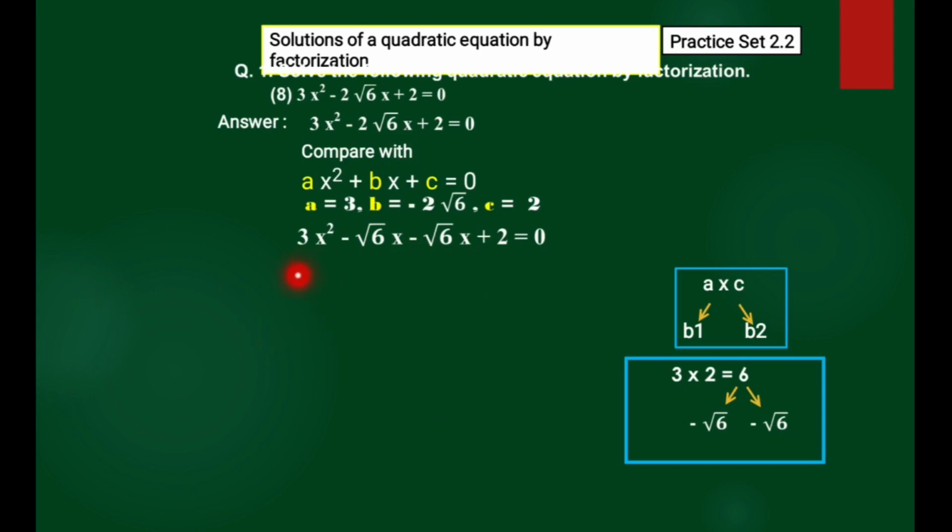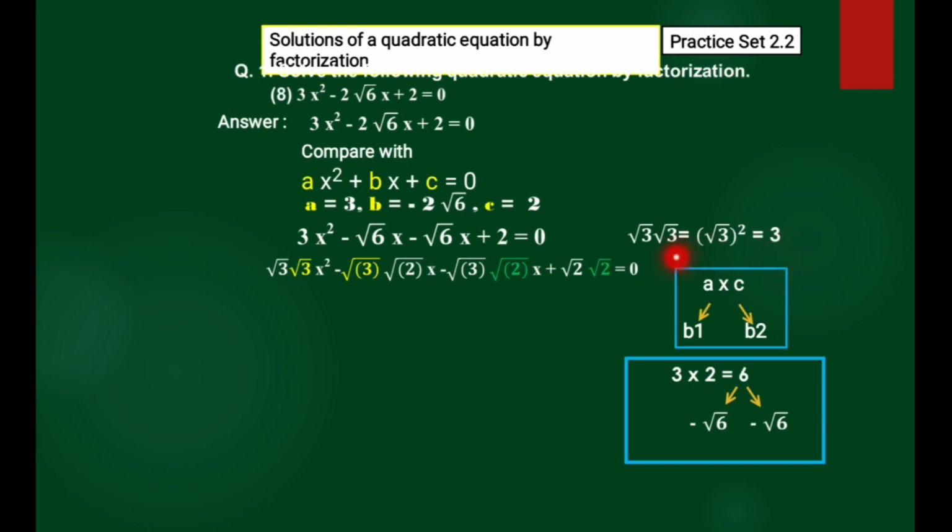Now we can write this 3 as root 3 into root 3, this 2 as root 2 into root 2, and this root 6 as root 3 into root 2. See the reason: root 3 into root 3 means root 3 squared, so square and square root get cancelled and we get 3.